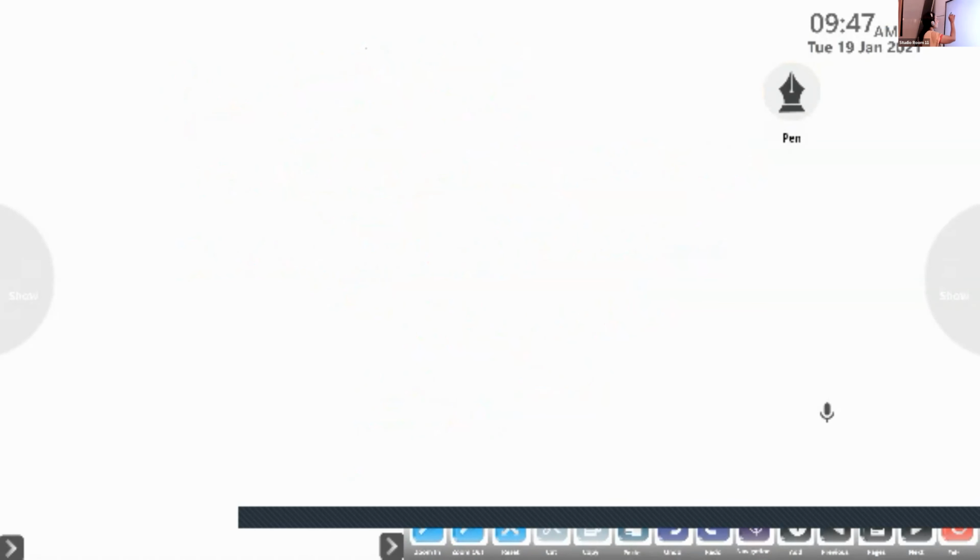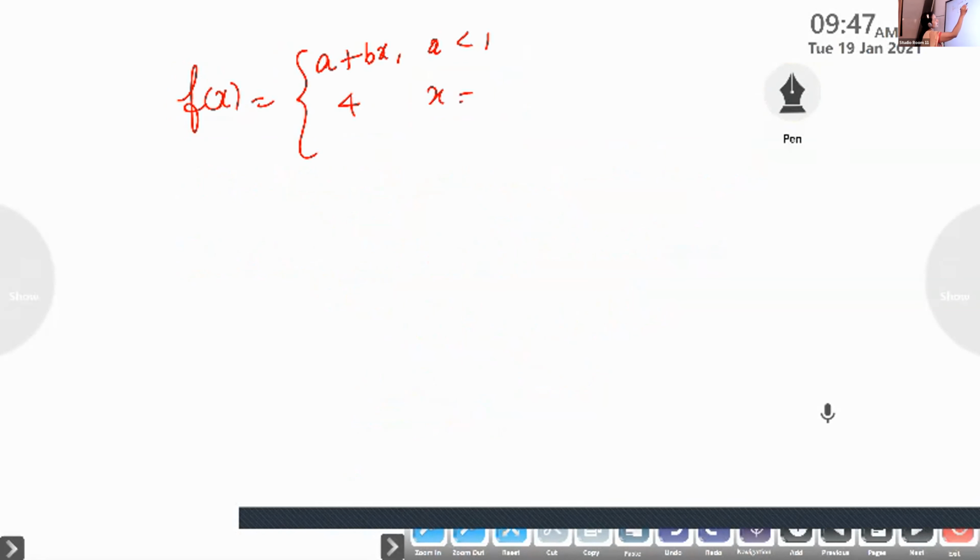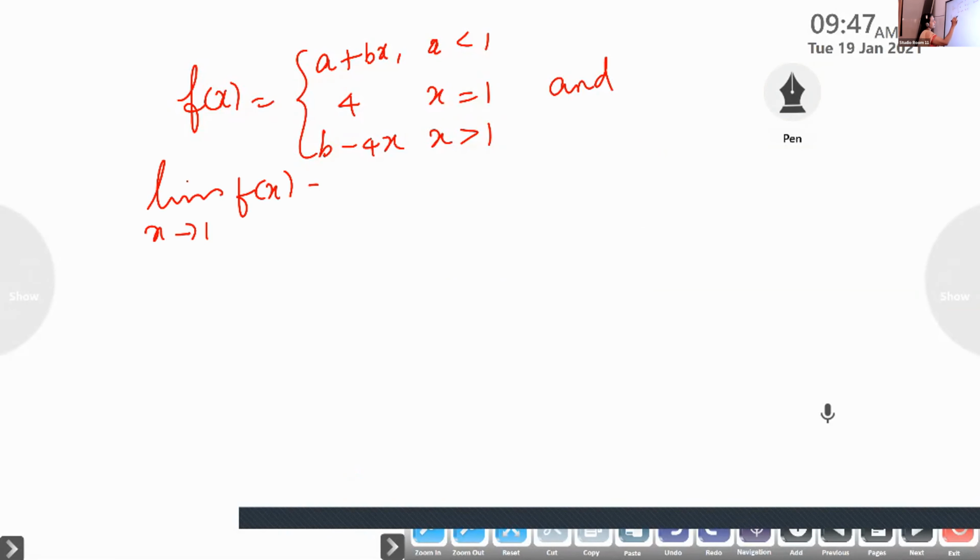If f of x is equal to a plus bx, if x is less than 1, 4 if x is equal to 1, b minus 4x if x is greater than 1, and the limit as x extends to 1 of f of x is equal to f of 1.